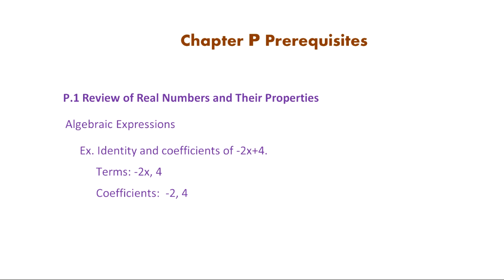So we got two coefficients, negative 2 and 4. Specifically, negative 2 is the coefficient for the first term, and 4 is the coefficient for the second term. Pretty easy, isn't it?